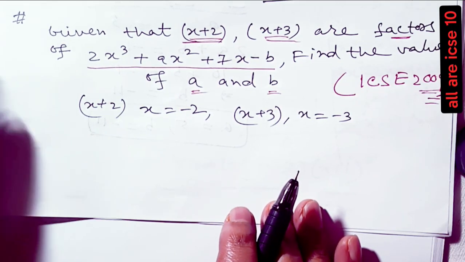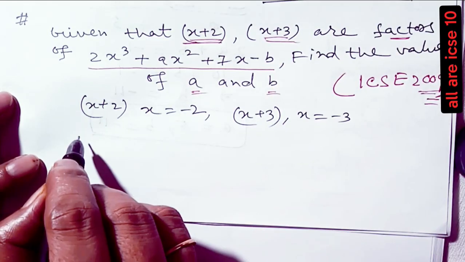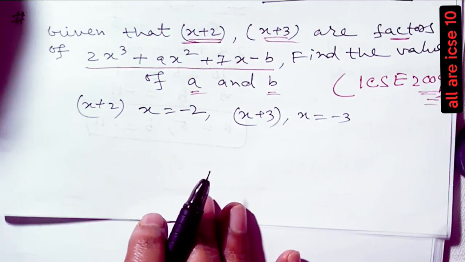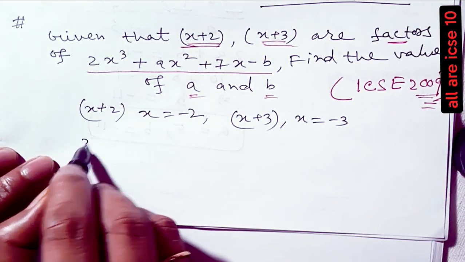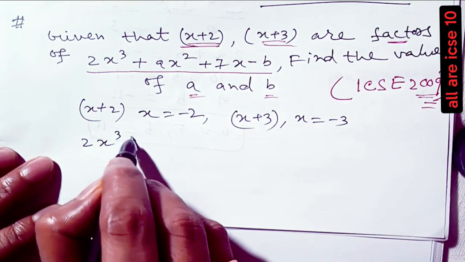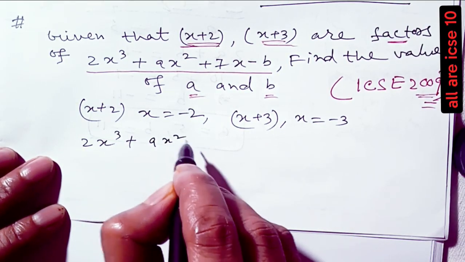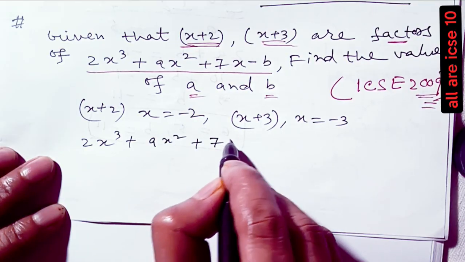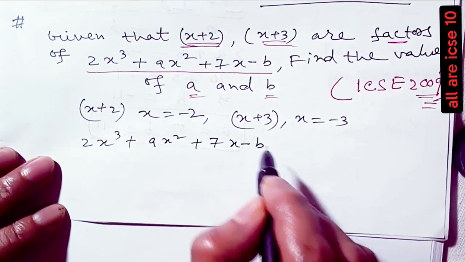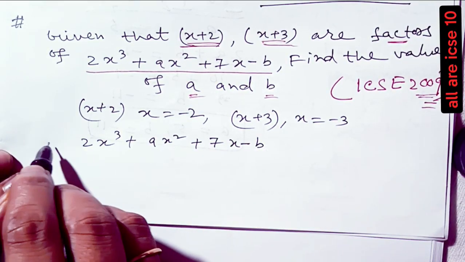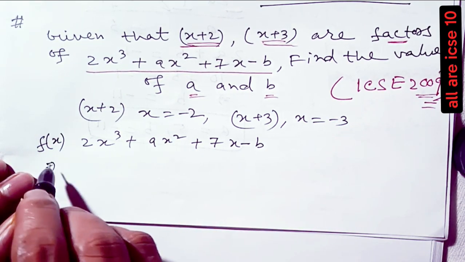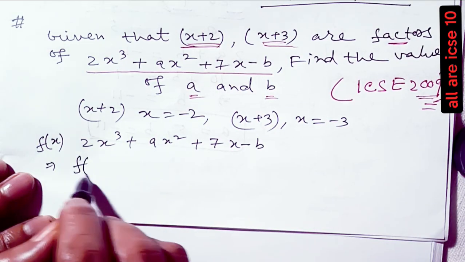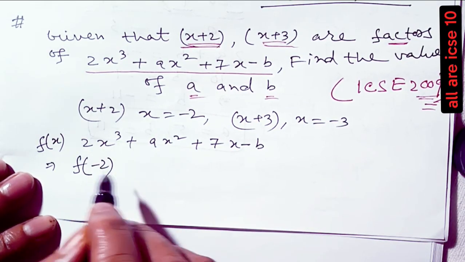Our fx is 2x cube plus ax square plus 7x minus b. This is fx.